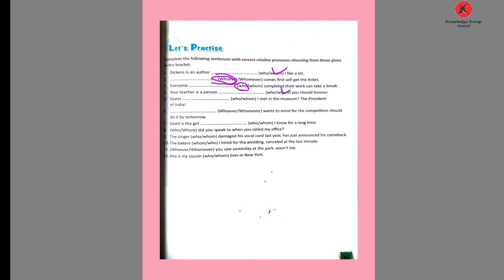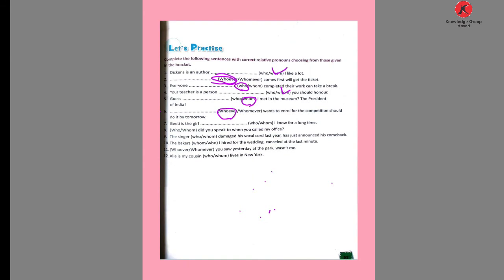Gaze whom I met in the museum the President of India. Number 6. Blank wants to enroll for the competition should do it by tomorrow. Here are given whoever and whomever. So whoever wants to enroll for the competition should do it by tomorrow.